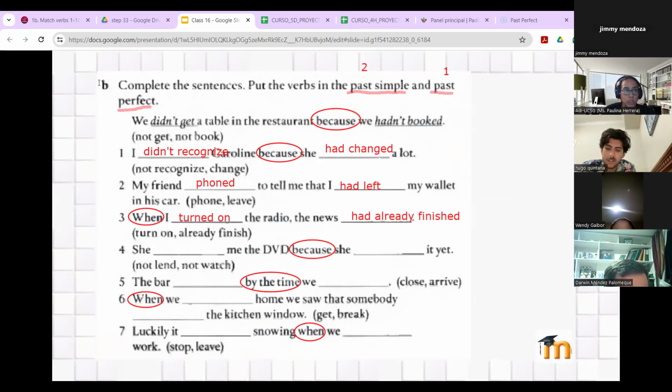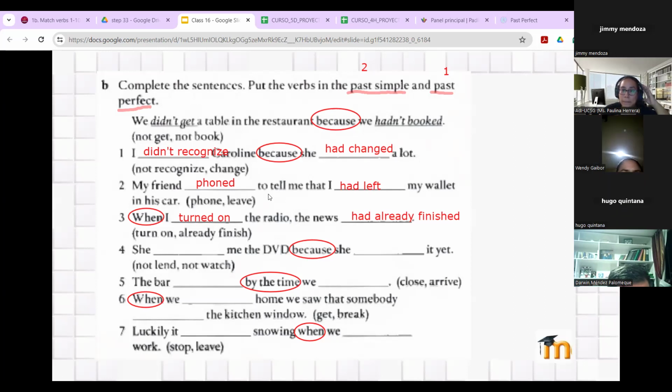Wendy, what was your question? It's about the number 2 that you make. Yeah, is it clear now? Yeah. No. Not clear. Okay, what's the problem? Tell me what's the problem.